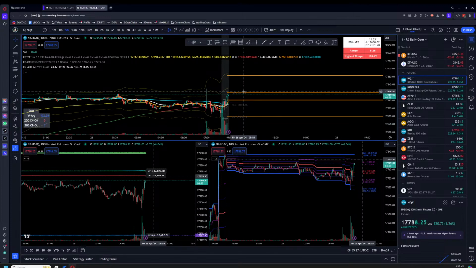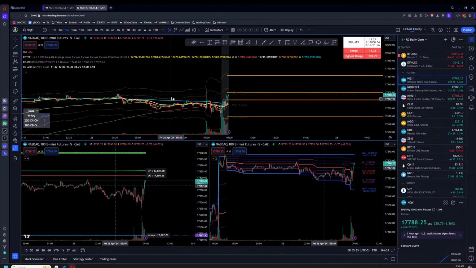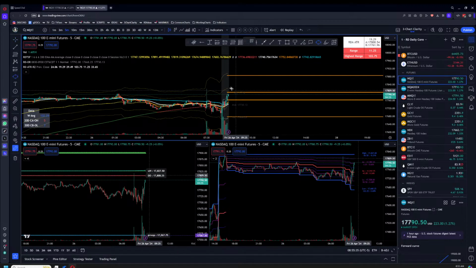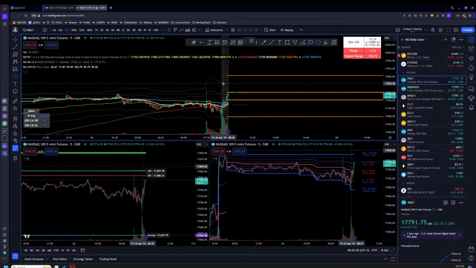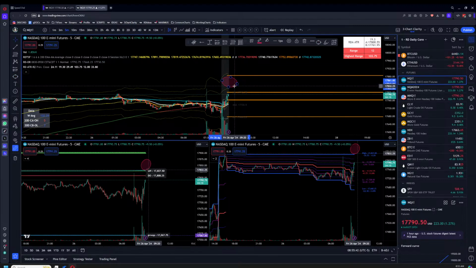So what I'm going to do is figure out how to start projecting true ATR close areas, or at least range areas, I should say. Probably in this zone, right in here.